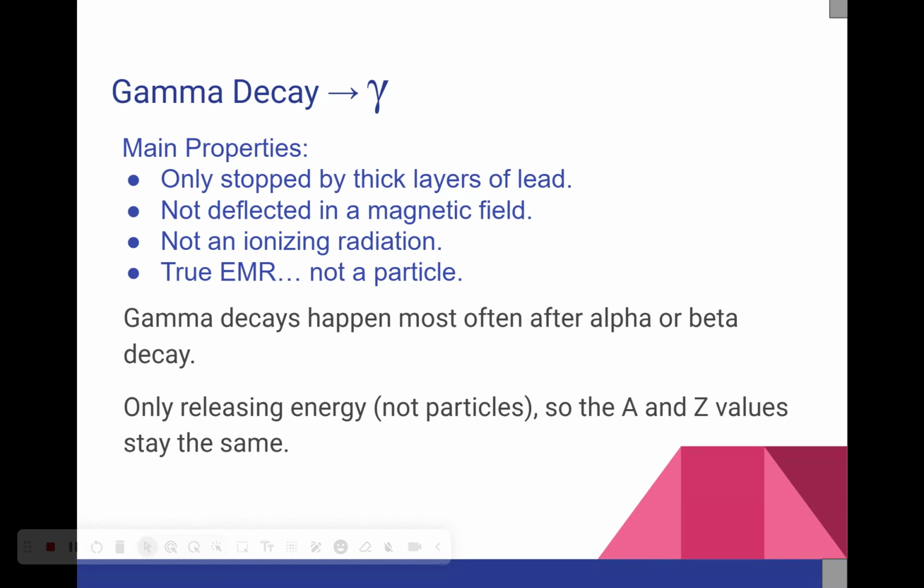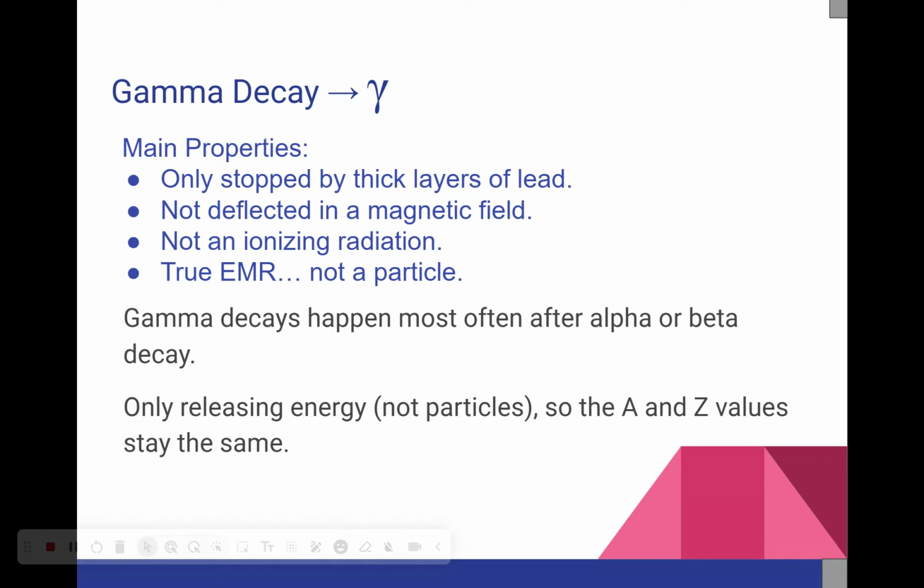Gamma decays are a burst of radiation that's given off, most often after an alpha or a beta decay has happened. Because you have to imagine, after going through an alpha or a beta decay, either positive or negative, the nucleus has chucked out parts of itself. The nucleus is in a more energetic, excited state just because of chucking things out.